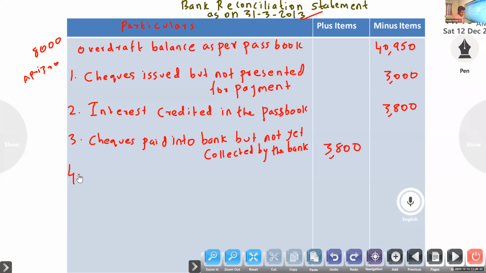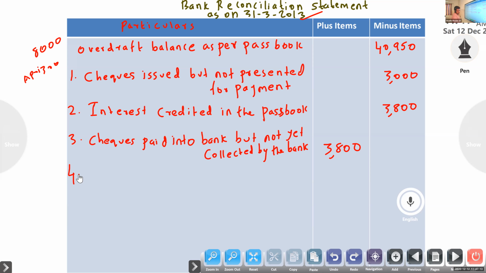Next, check credited in the passbook on March 28, being dishonored, is debited again in the passbook on April 1st, 2014. There was no entry in the cash book about the dishonor of the check until April 15.